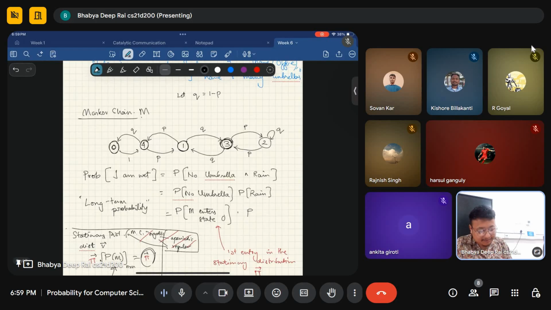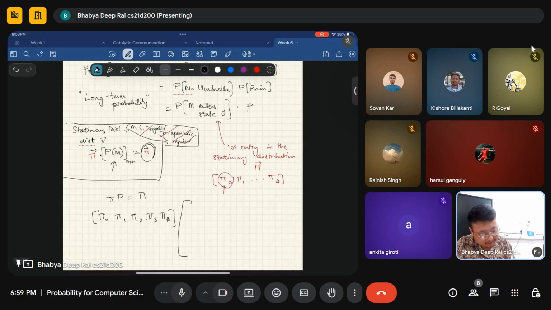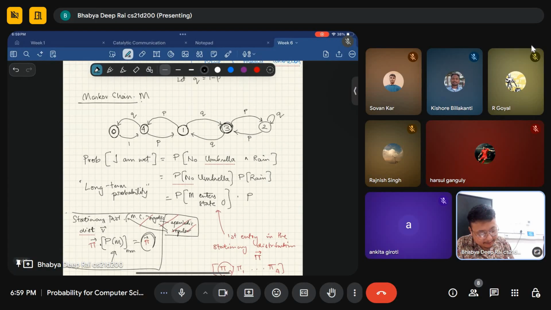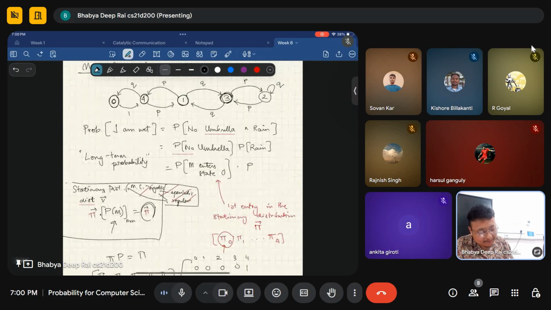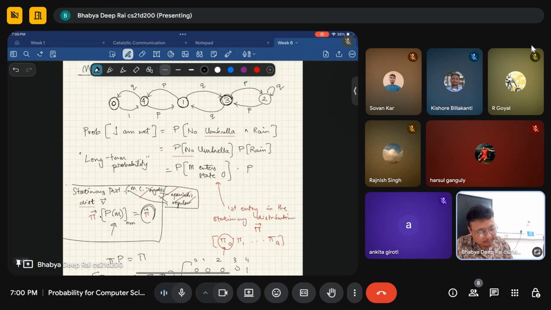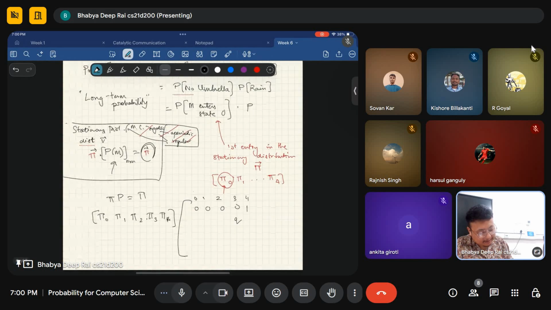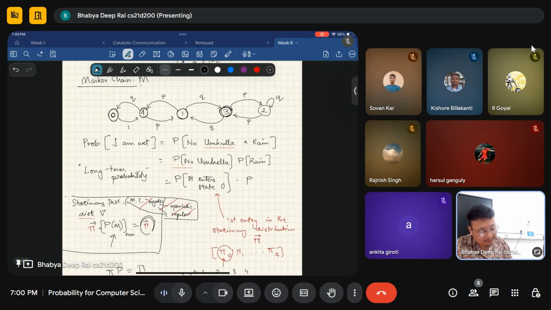For example, 0 moves to 4 with probability 1, and 1 moves to 3 with probability Q and 4 with probability P. And 2 moves to itself with Q and 3 with P.